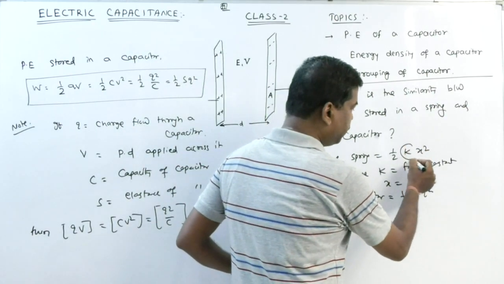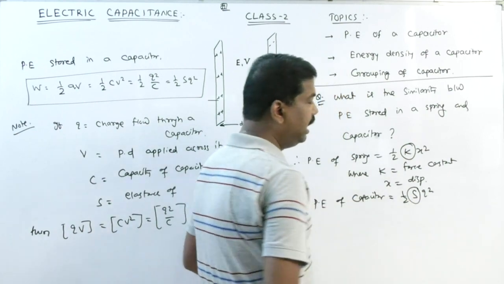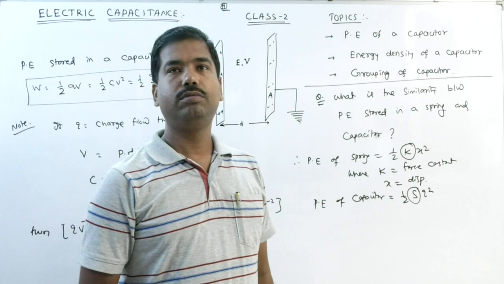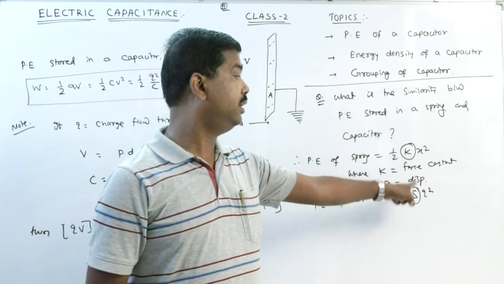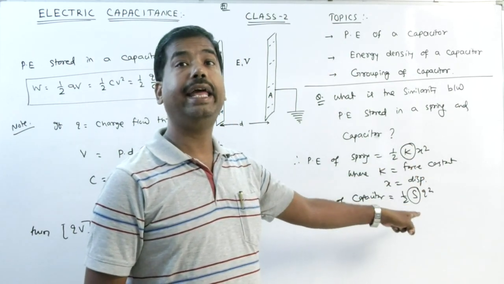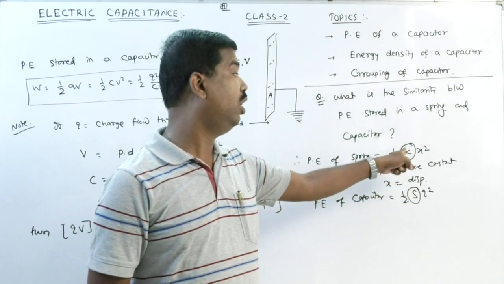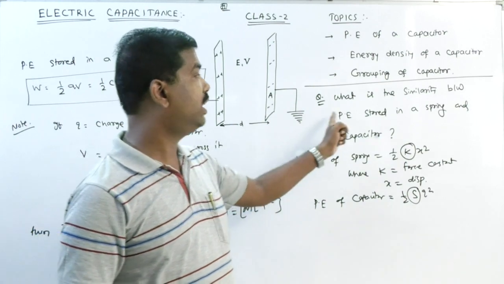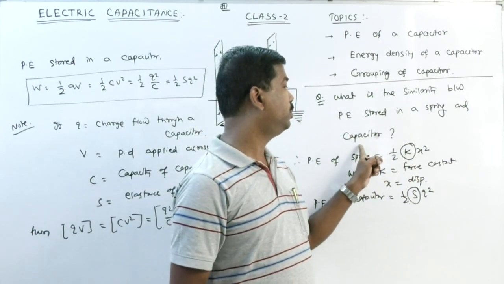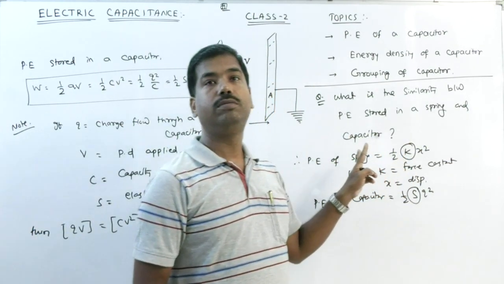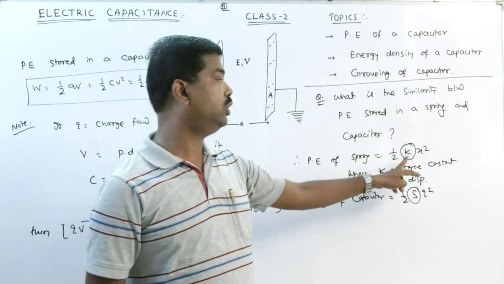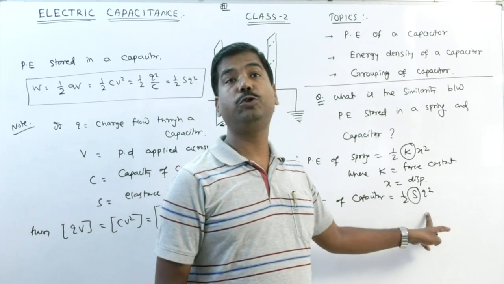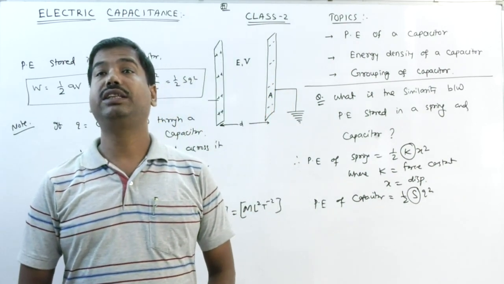I would like to say that the spring constant and the elastance S play the same role. Hence, this is the analogy between the force constant and the elastance of a capacitor. The potential energy of a spring is half kx square, while the potential energy of a capacitor is half S Q square, where S stands for elastance. Clear?